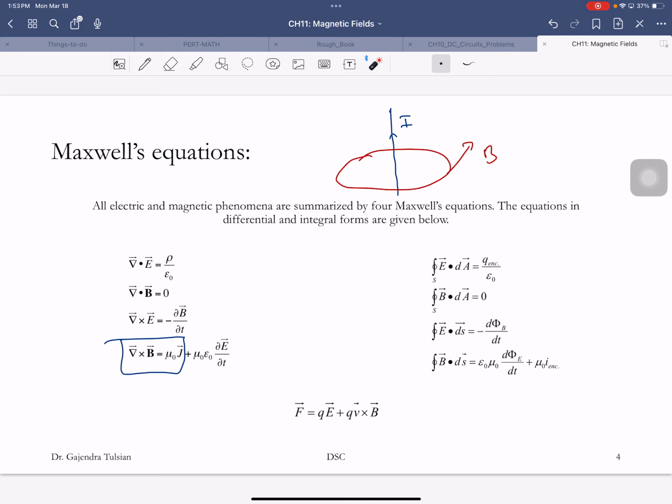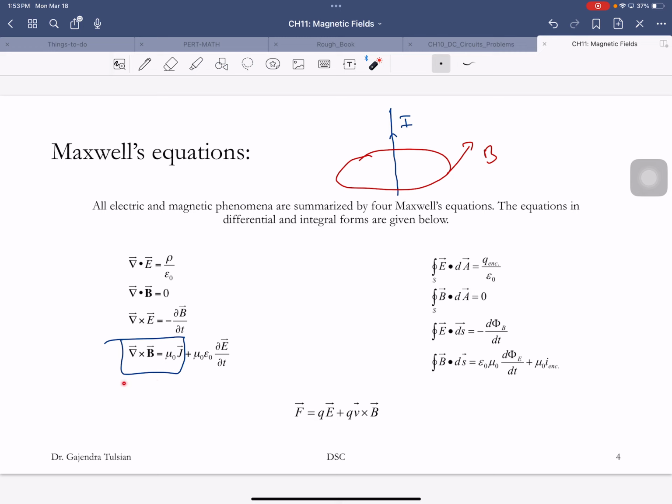To detect an electric field, you need a charge. So that's the force felt by the charge. And to detect a magnetic field, you need a moving charge. So moving charges produce magnetic fields, and to detect a magnetic field, you need a moving charge. So there's a beautiful symmetry there.